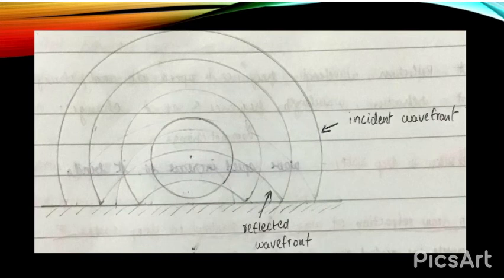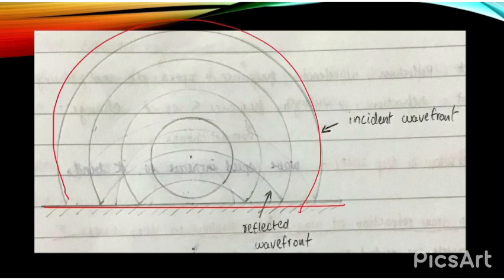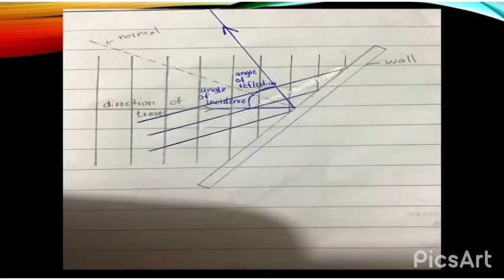Here, if you can see, this is a straight barrier, the waves are circular, and the reflected waves are circular as well. In this one, straight waves are hitting the straight barrier.